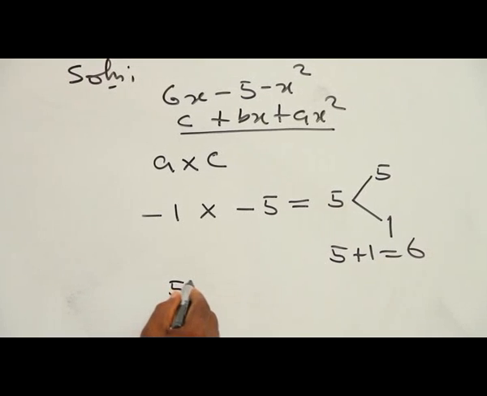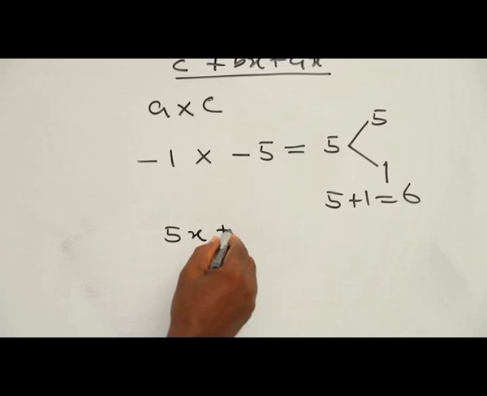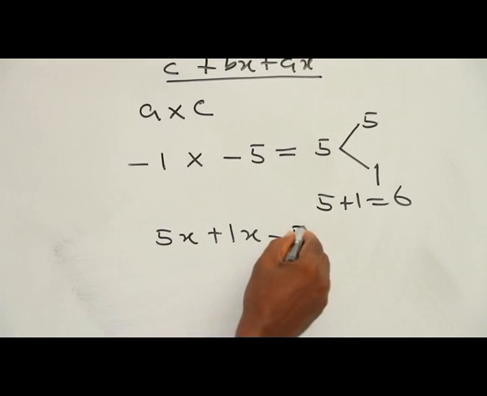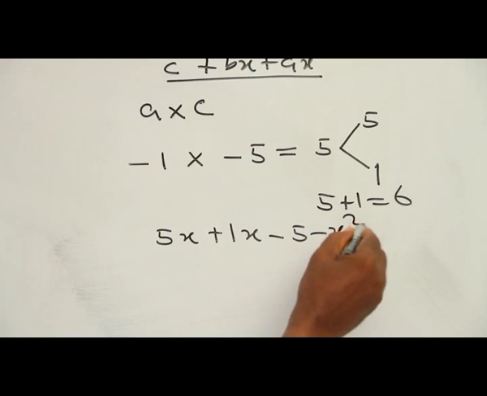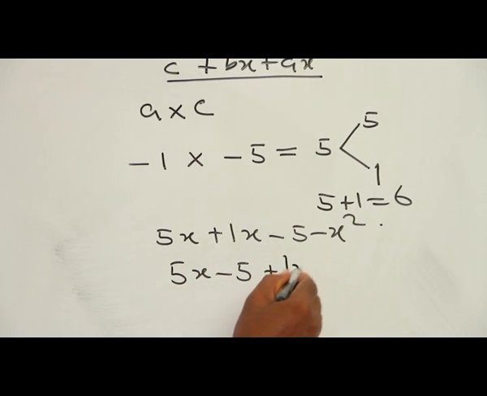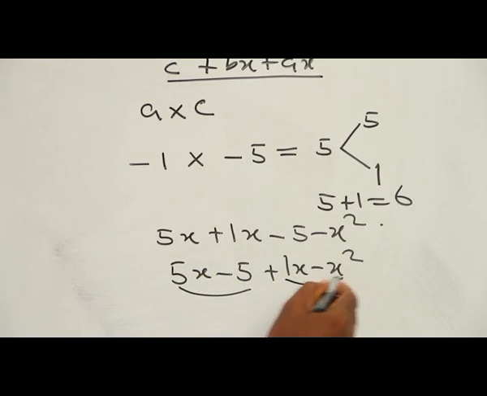So I will have here 5s plus 1s minus 5 minus s squared. Now let's see what happened here. As far as this case is concerned, we can rearrange this to have 5s minus 5 plus 1s minus s squared. So you can now pair this and this.